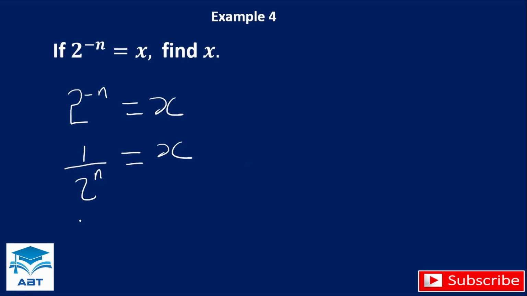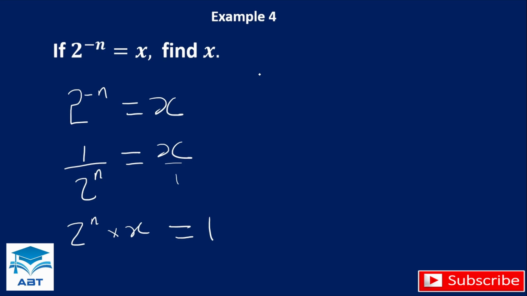Let's cross multiply. We have 2 exponent n times x is equal to 1. That is, x will multiply 2 exponent n, and 1 will multiply the denominator over here, which is over 1. Since we are looking for x, we divide through by 2 exponent n.